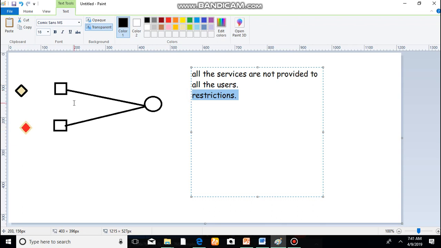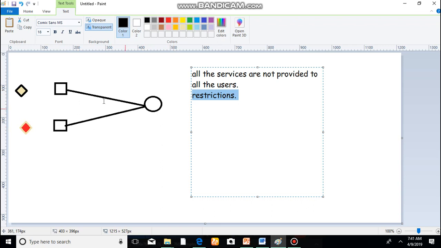So how does the server know which services it should provide to this user, and which to that user? As the server doesn't know the user, it will authenticate the workstation. The server will think some services should be given to this workstation and some services to that workstation.